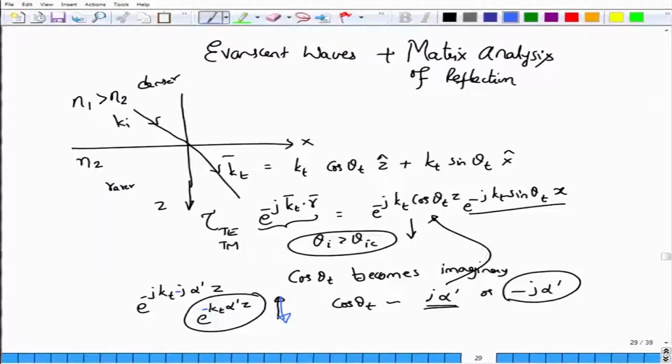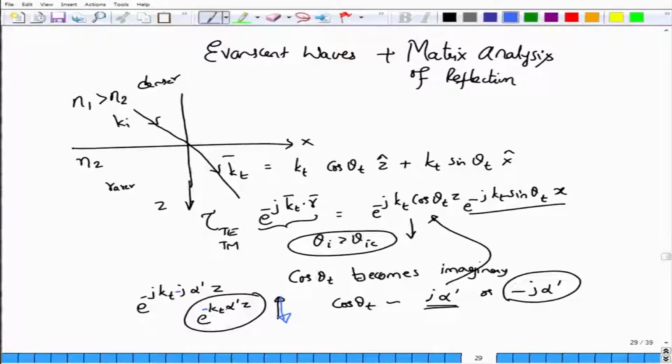Now, that is more acceptable. The waves can decay, but the waves cannot amplify and go off to infinity as z keeps on going to infinity. So, this Kt into alpha prime, because Kt is real and alpha prime is real, can be redefined as a single alpha.